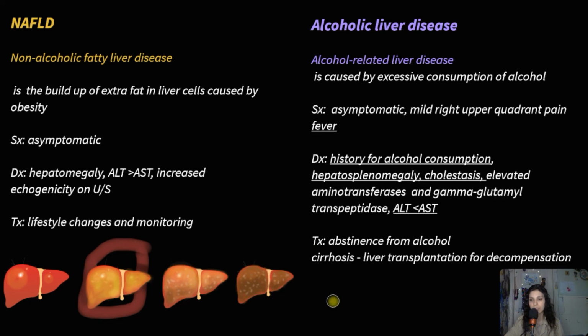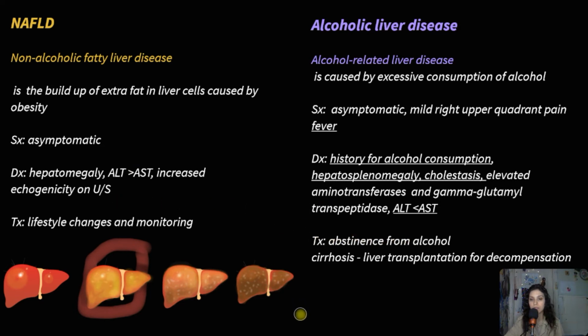It's asymptomatic, or it could be mild upper quadrant pain, fever, and for diagnosis there has to be a history of alcohol consumption, hepatosplenomegaly, cholestasis, elevated aminotransferase, and look here, as you see, AST will be more than ALT here, so it's the difference between these two conditions.